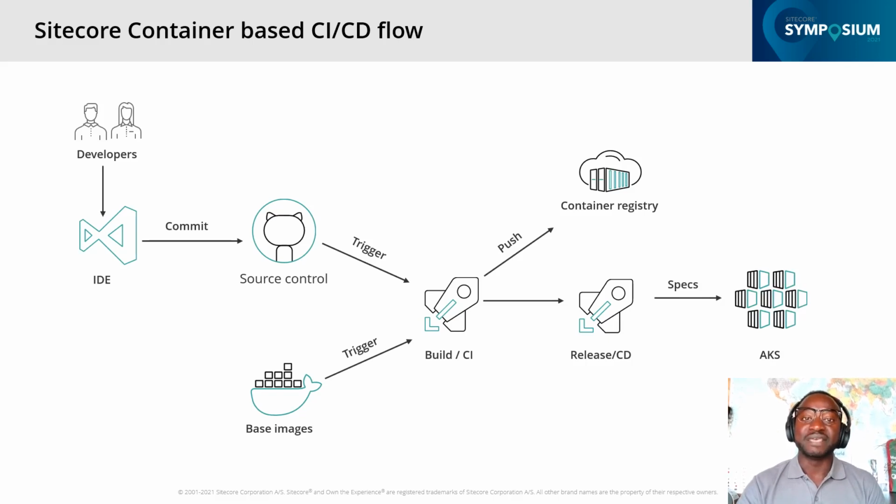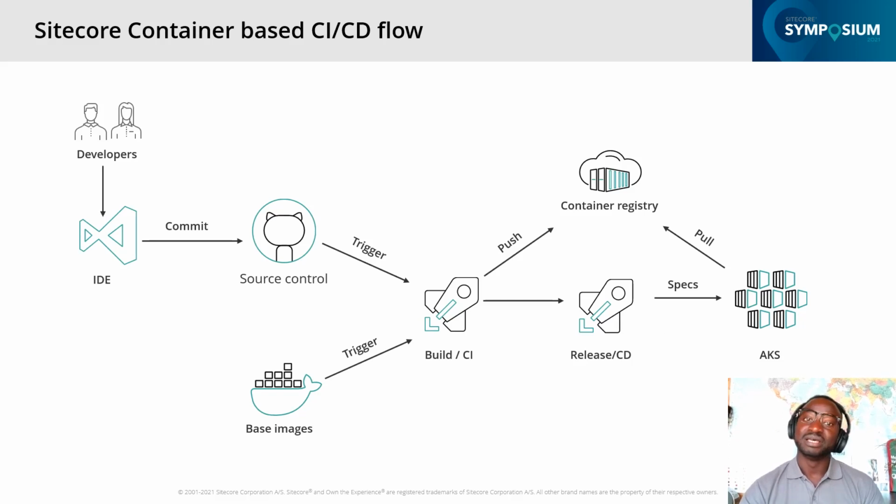So the first thing the CD element does is to push the new version of the Kubernetes specs into our AKS cluster, including pinning down the deployments to the unique tags of the new images we have built. AKS will now connect to our container registry instance, pull down the images, and build our new deployments based on them.